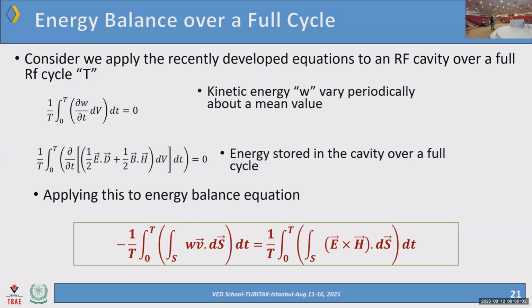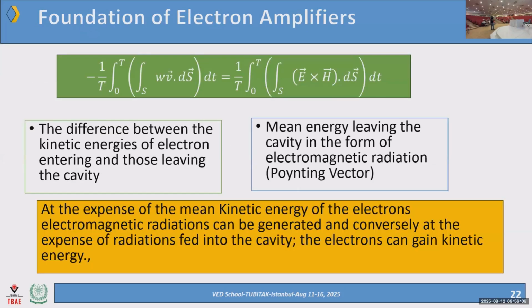What is left is only the velocity and the Poynting vector. This equation is the foundation of the amplifiers, electron amplifiers.